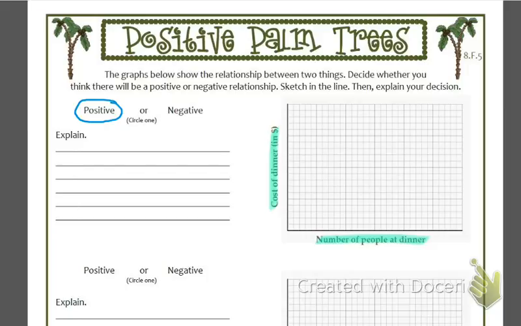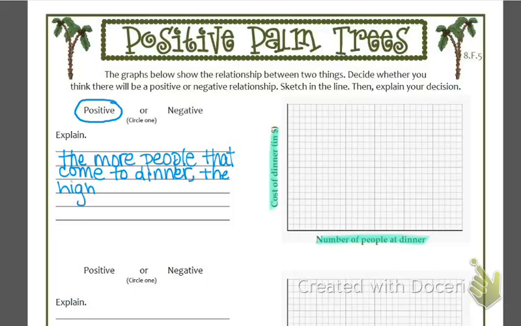Okay, now we have to explain. So here's where we say the more people that come to dinner, the higher the cost. So again, both positive. They're both increasing.